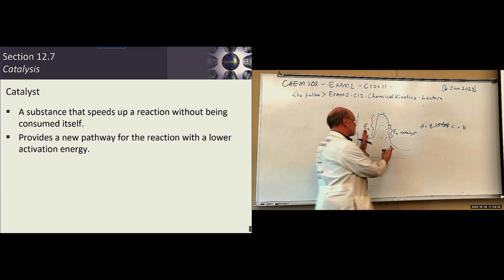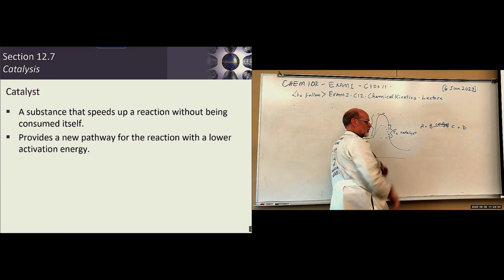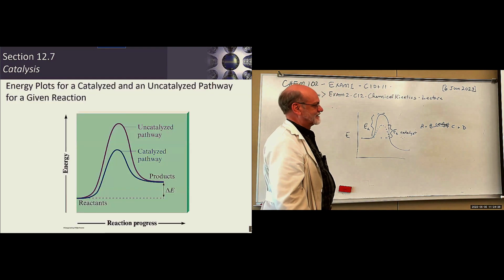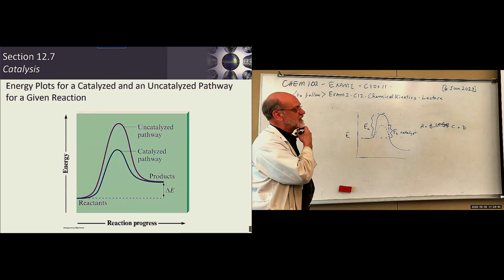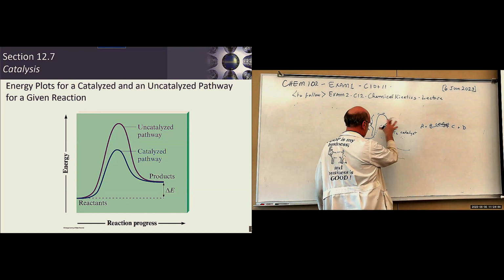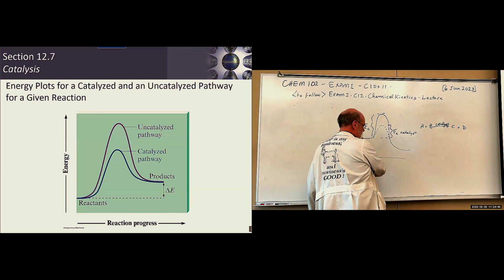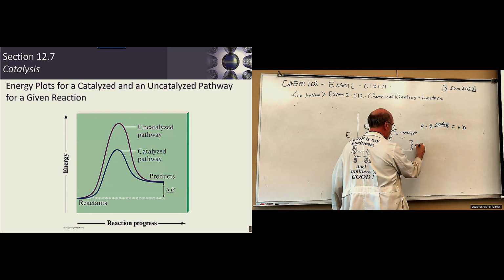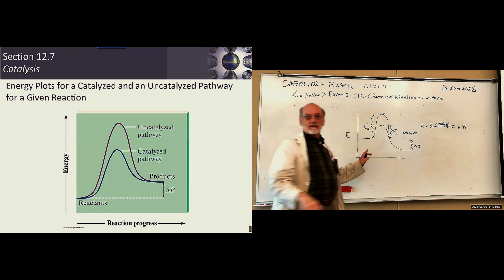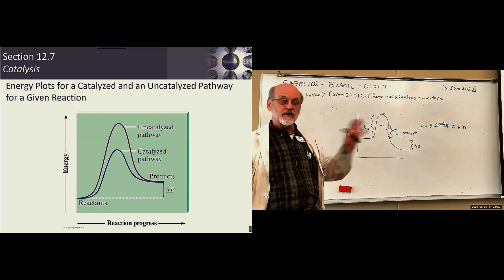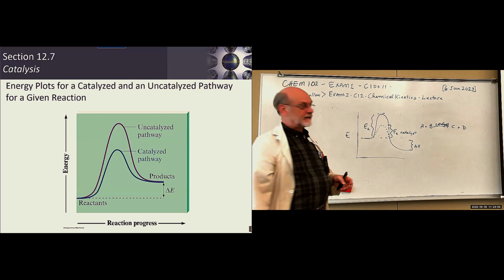So it does have its effect in here, in the kinetic region. There you go. Notice that the overall energies are not changed from the reactants and products. In other words, that delta H is the same whether we have a catalyst or not. It's just with a catalyst, it gets there quicker. Right?